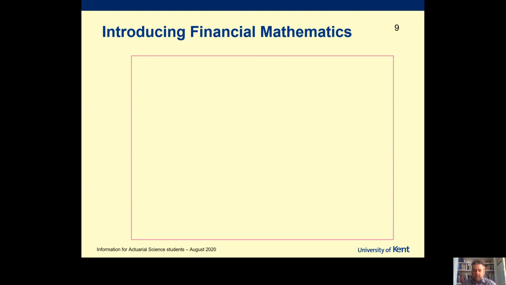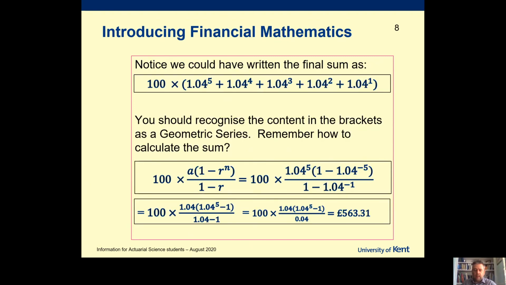I've multiplied through here by 1.04 on the top and the bottom of the equation. Okay, so on the bottom, 1.04 times 1, and then minus 1.04 times 1.04 to the power minus 1 gives us 1 on the bottom.